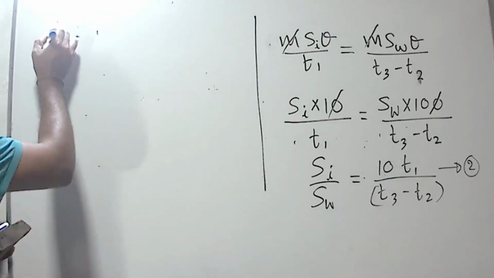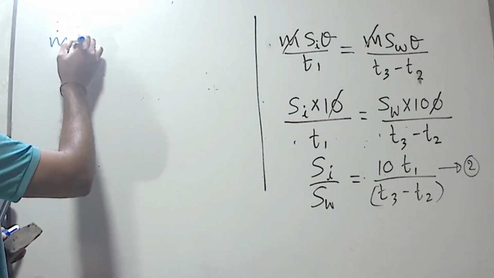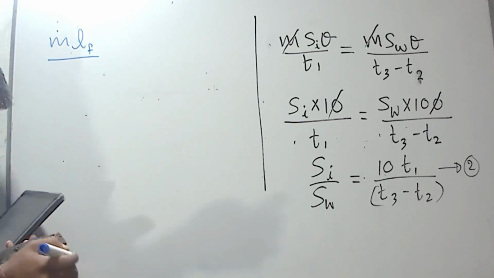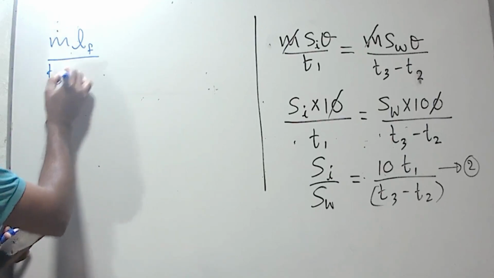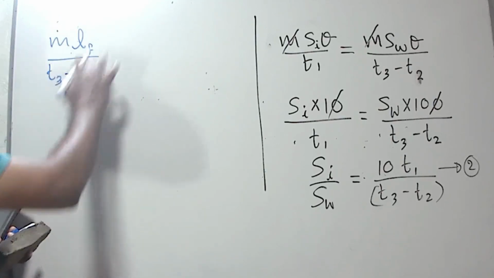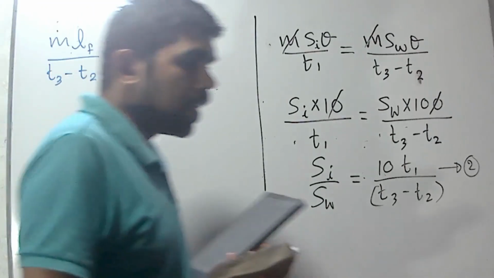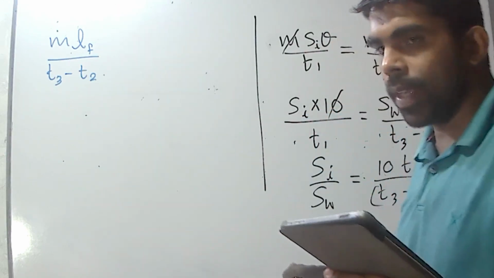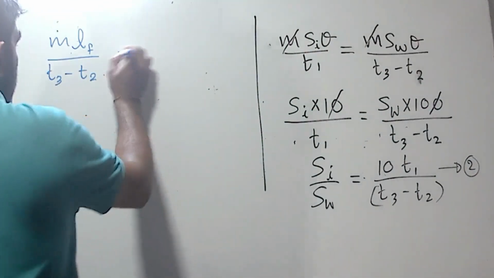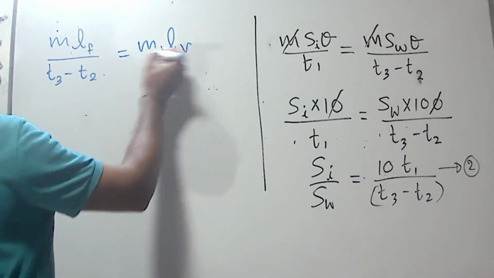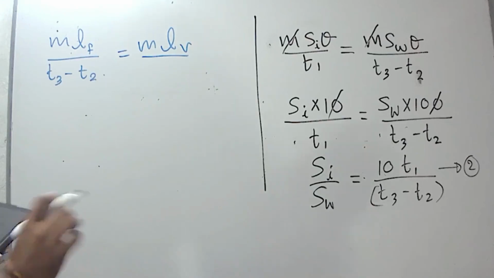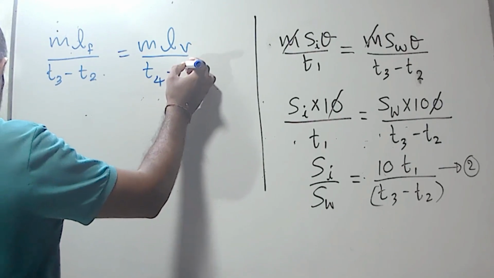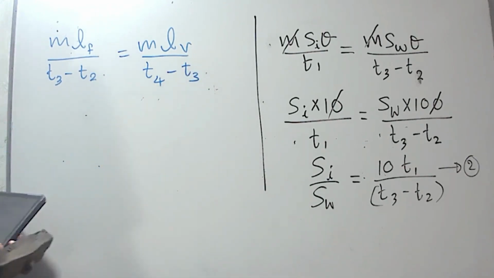Then we can write m latent heat of fusion divided by the time interval. This one is the heat energy given rate related to fusion. It should be equal to m latent heat of vaporization divided by the vaporization time period, T3 to T4. It means we get the time interval T4 minus T3.